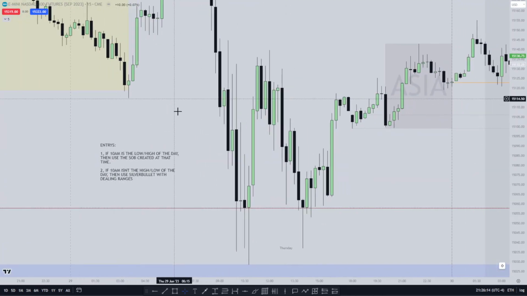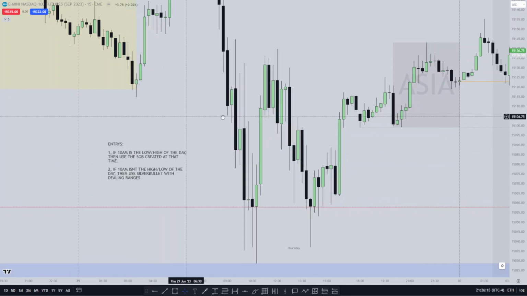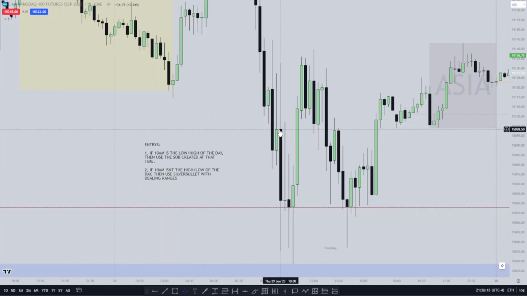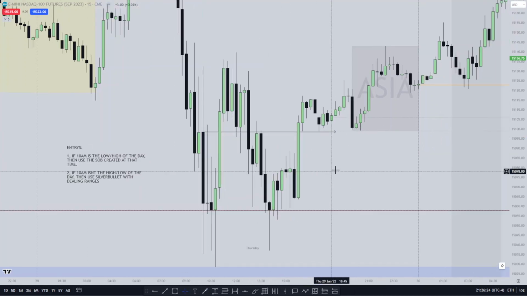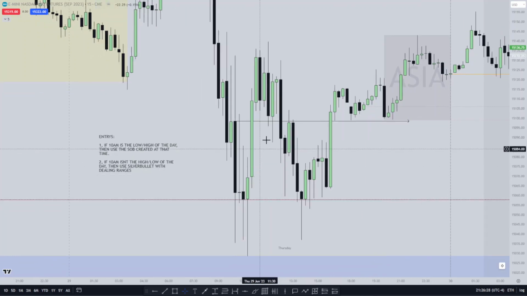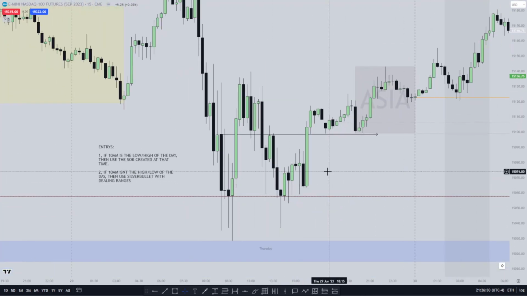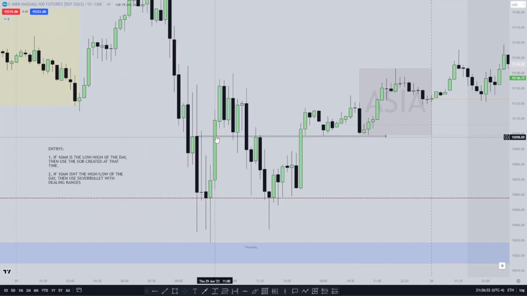Did 10 a.m. make the low of the day? Yes, 10 a.m. made the low of the day right here. Since 10 a.m. made the low of the day, and this is the 15-minute time frame, where would we enter? We'll enter right here.